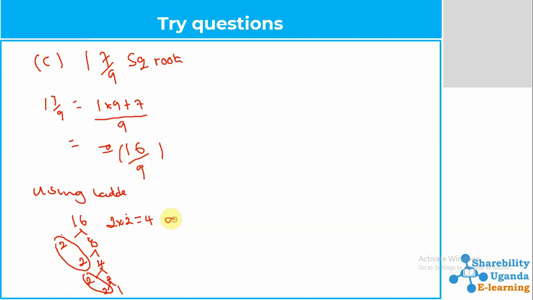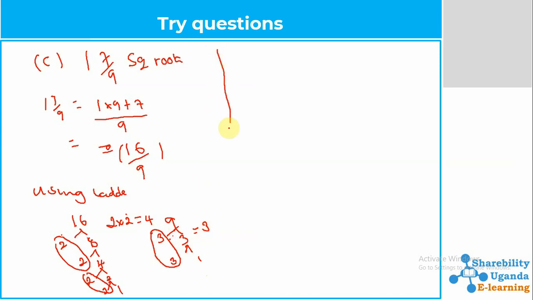Also here, if we try out 9, we look for the factor that can divide 9, which is 3. 9 divided by 3, we get 3. Then 3 divided by 3, we get 1. This simply means that since we have only one pair, our square root is equal to 3.